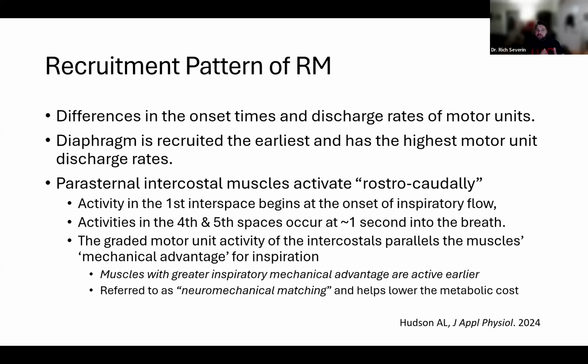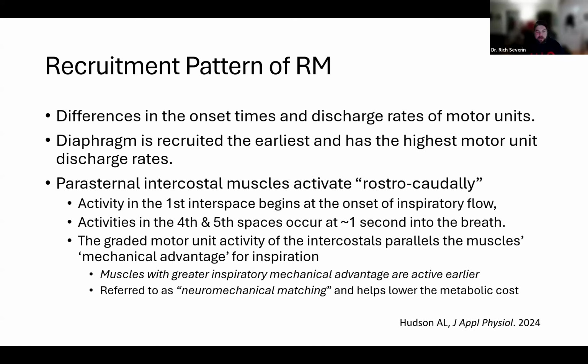This is true even for our intercostals. We start seeing these gradually turn on more as demand increases, and they move further down in a rostrocaudal pattern of contributions. This is done to ensure that we keep a mechanical advantage of those intercostals as demand and expansion of the chest increases.